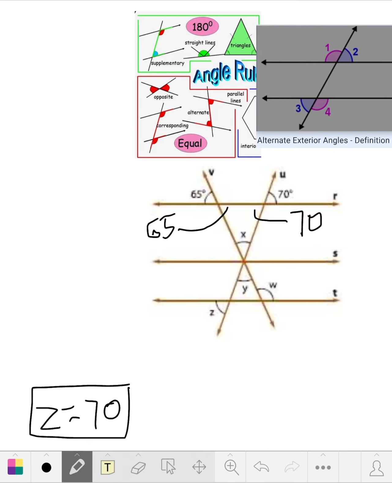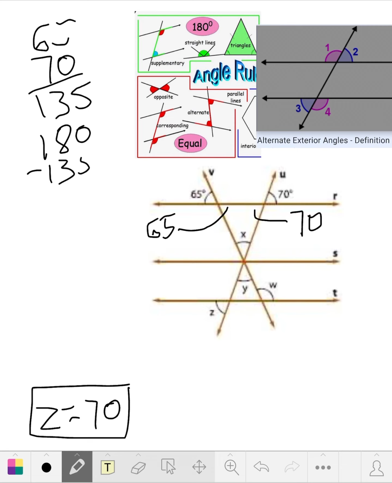And if we know a triangle is 180 degrees, and we get a 65 and a 70, we know that's 135. 180 minus 135, we know that X is 45.